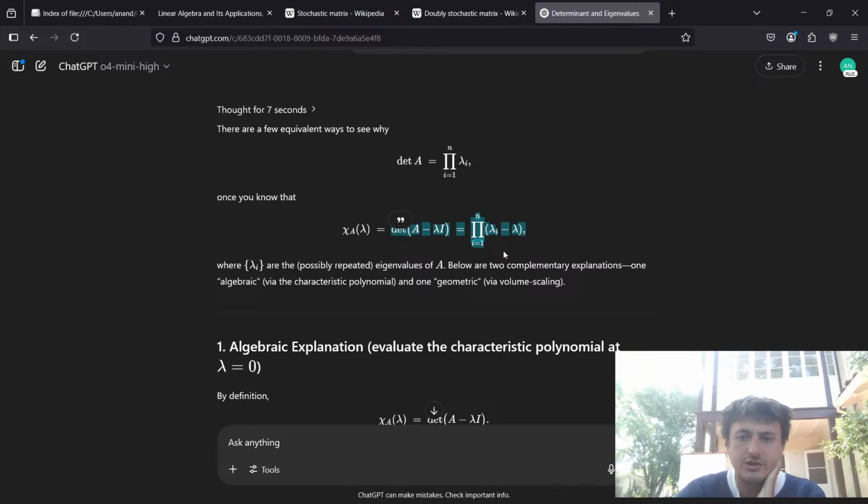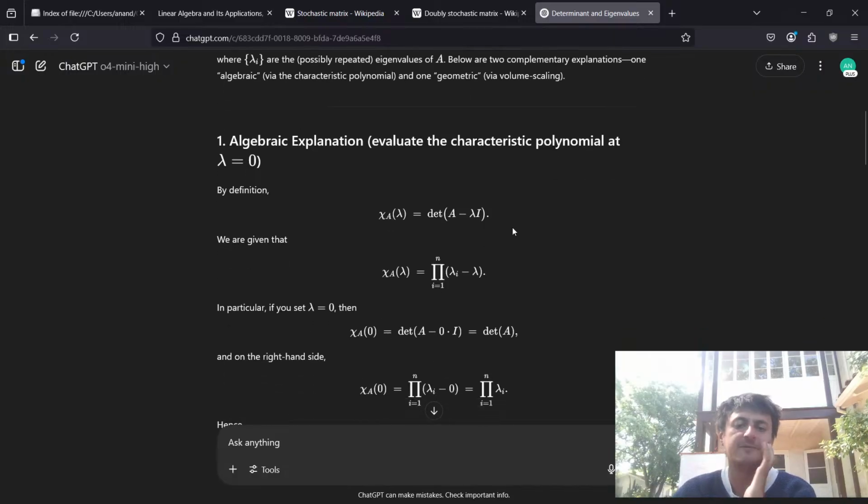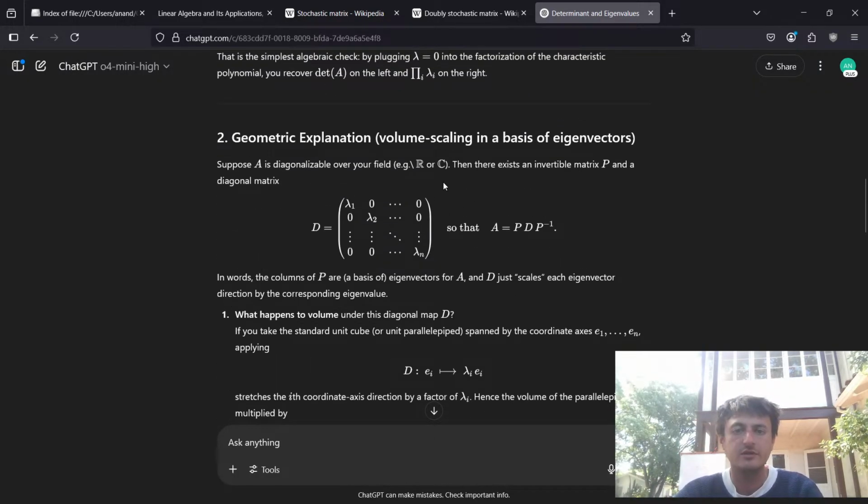Then this becomes the product of the eigenvalues, which is equal to the determinant of A. Yeah, that checks out. I like the geometric way more, though.